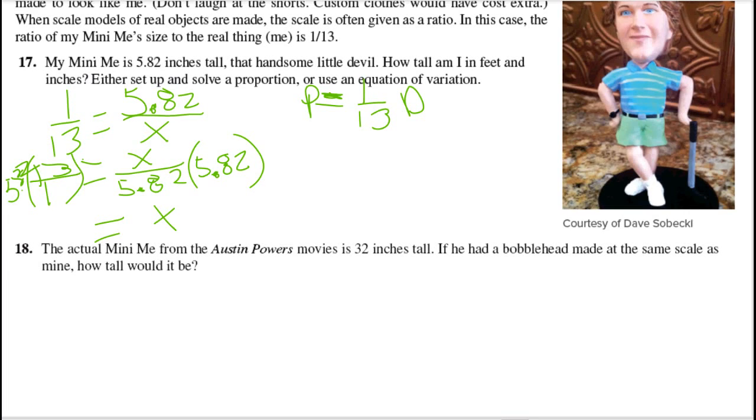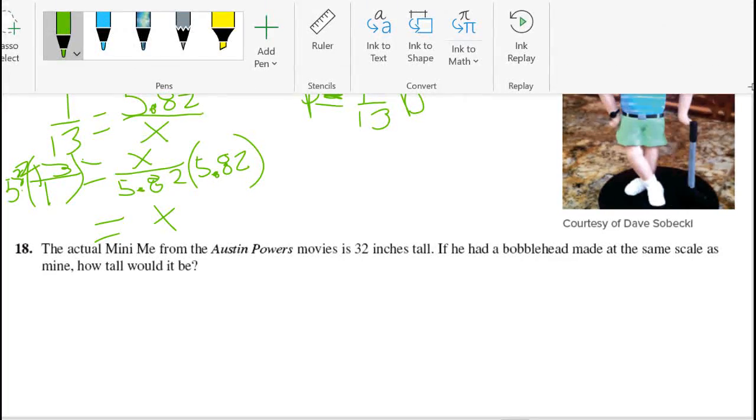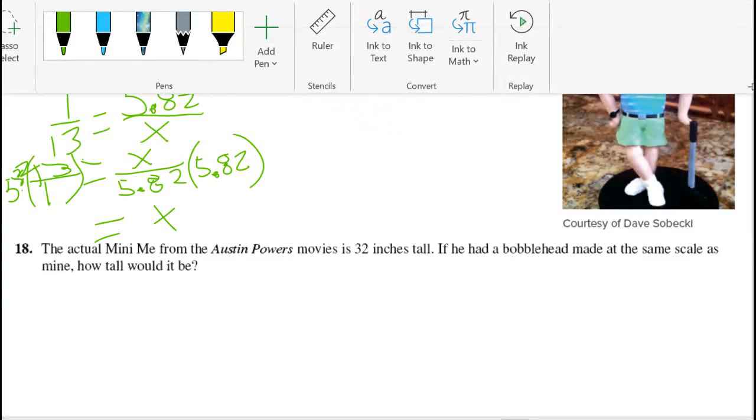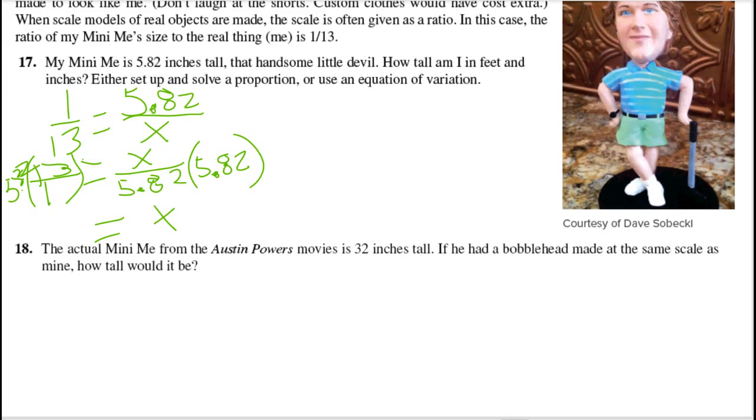With our equation, we want to find the, and I said the equation wrong. The doll is 1/13th of the person. So if I want the doll, I take 1 over 13 times the person.